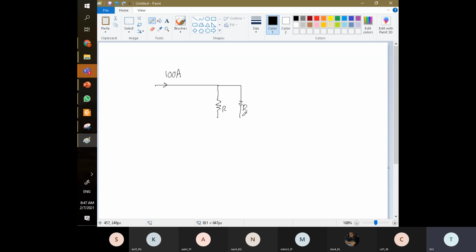If these two resistors are the same, for example 1K here and 1K here, the current is split in two. One passes through here, the other passes through here. At the end, they are divided into 50 and 50, right? Because these two are the same.